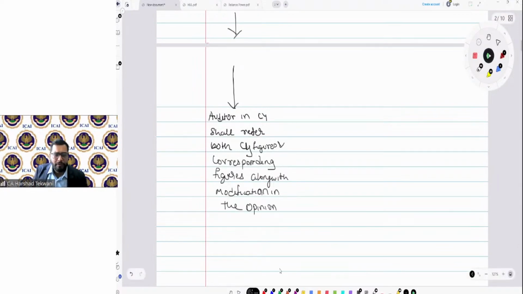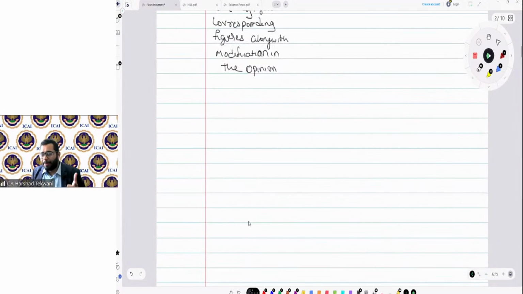Now, modification can be either because the possible effects or effects of the matter or the current year figures are material, or because of the comparability issue, which is material. Hence, I am issuing a modified opinion. So either the possible effects or effects is material, or the comparability is not proper.